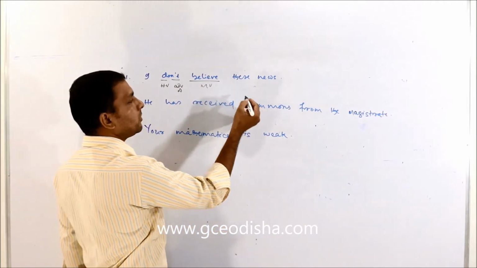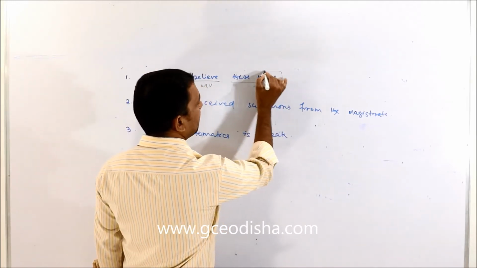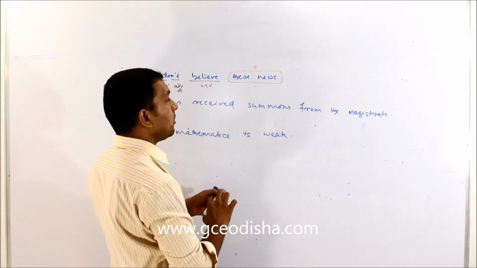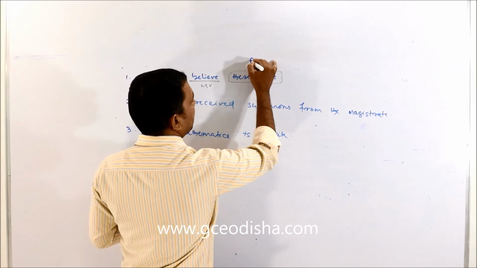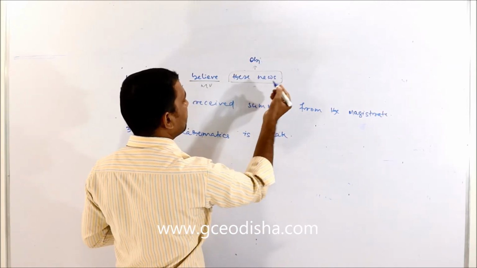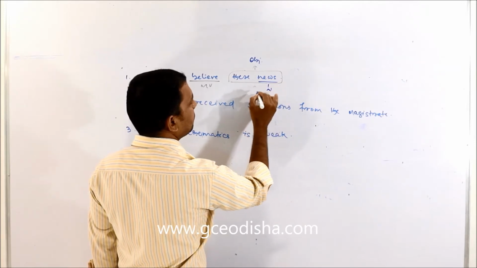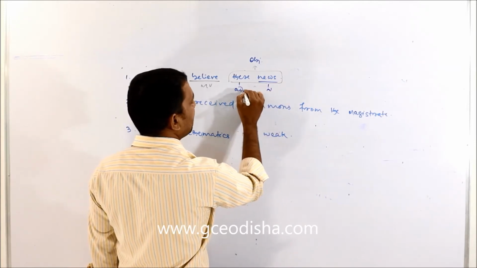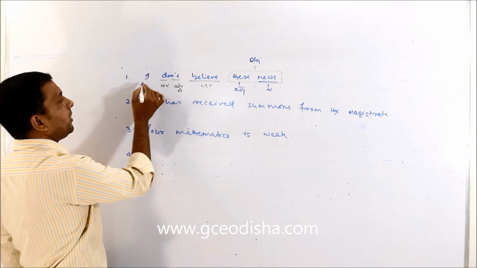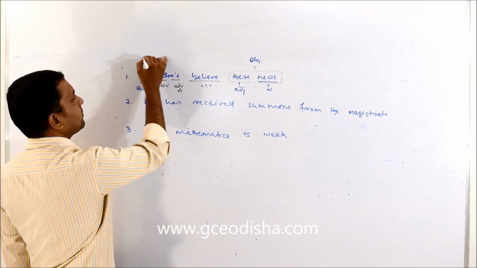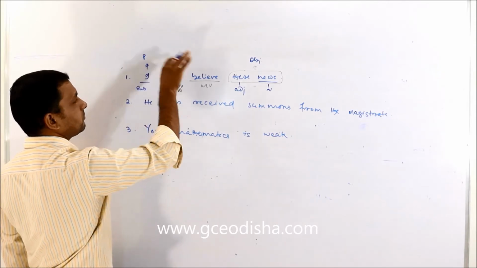I don't believe what? These news will be our object. News is a noun, these is an adjective, and I is the subject, which in parts of speech is also a pronoun.